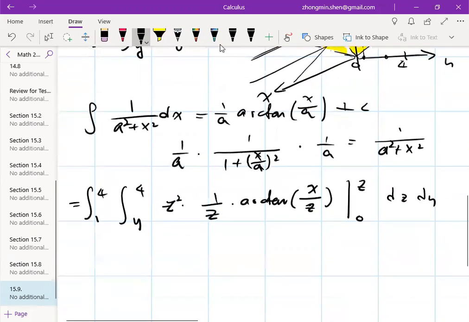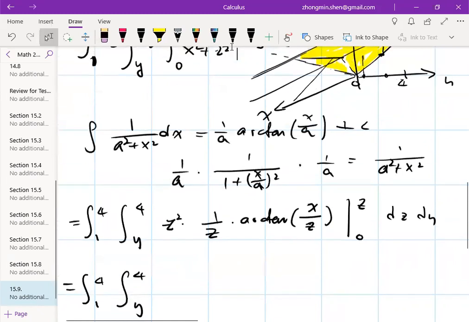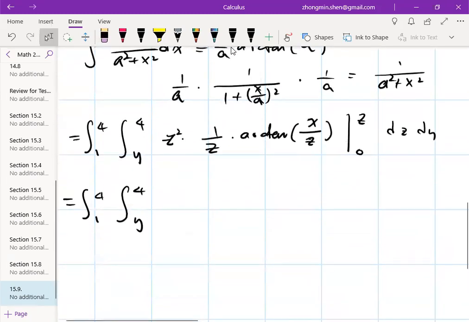All right, so let's plug in. After simplifying, this is where some students make mistakes. Some students forgot z squared, then just get 1 over z, which causes trouble.